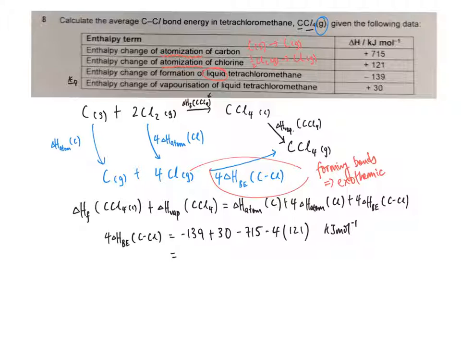And that gives me minus 1308 kilojoules per mole, which means that the CCl bond energy is equal to 1308 kilojoules per mole divided by 4.